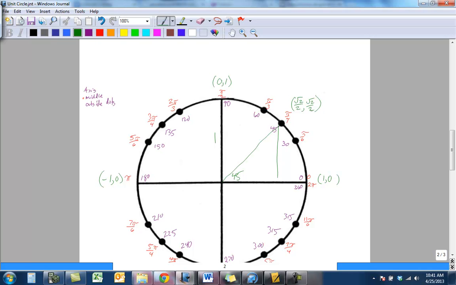That is the coordinate of that point. Now, this point is very similar to this point right here, right? It's the same height, and it went the same amount this way. So the coordinates here are negative root 2 divided by 2, root 2 divided by 2.